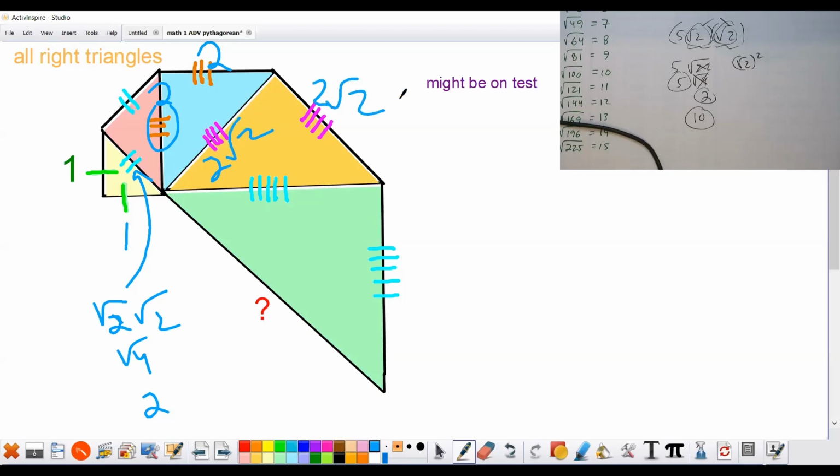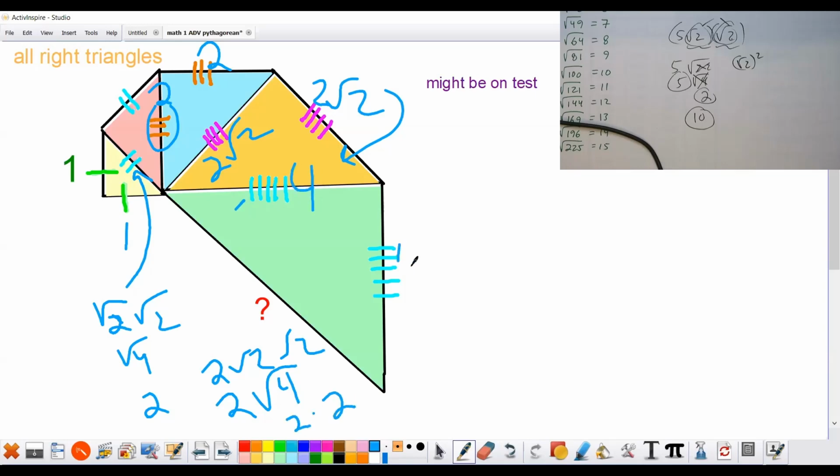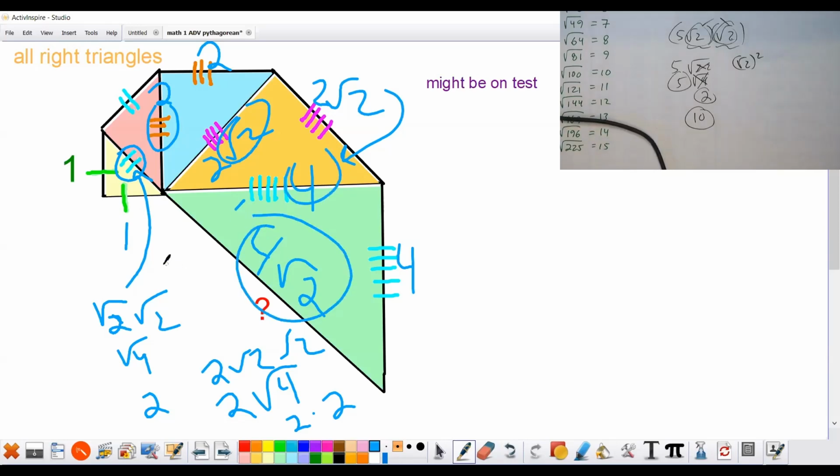So with this, times that by radical 2. So that's 2 radical 2 times radical 2, which is 2 times the square root of 4, which is 2 times 2 is 4. This is 4 radical 2. What I did is I just kept multiplying by radical 2, by radical 2, by radical 2, and radical 2. Okay, a little more challenging. Some of you may get a little lost there, but just hang in there.